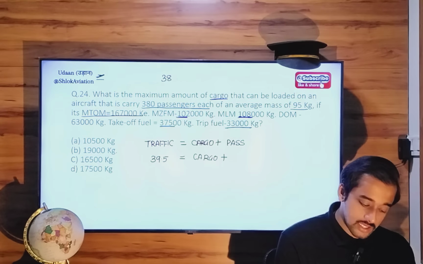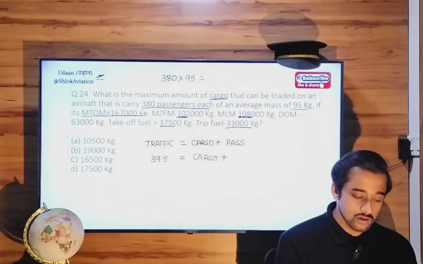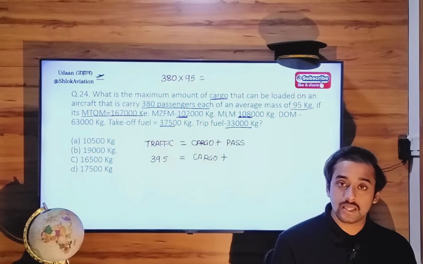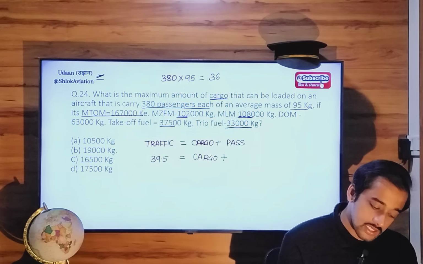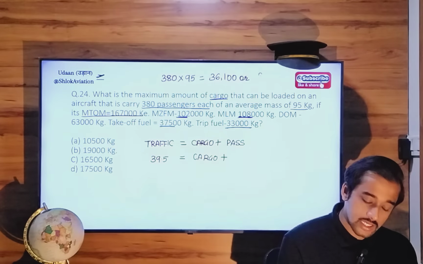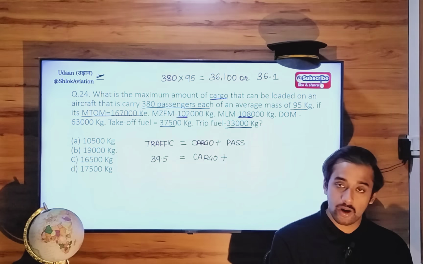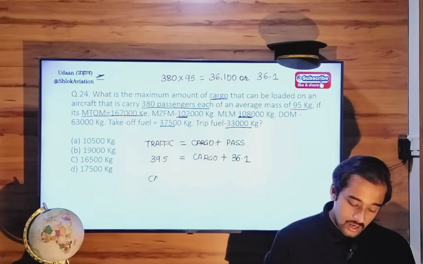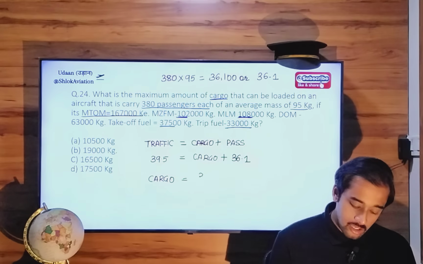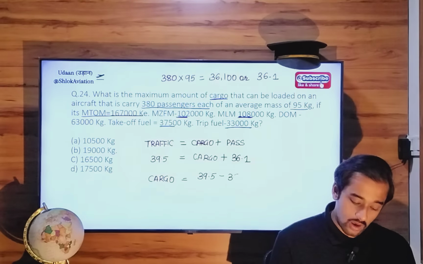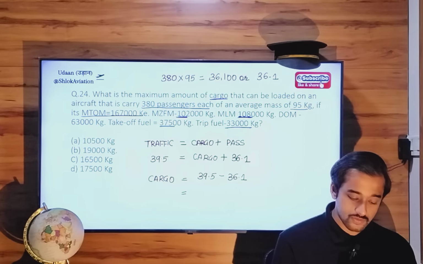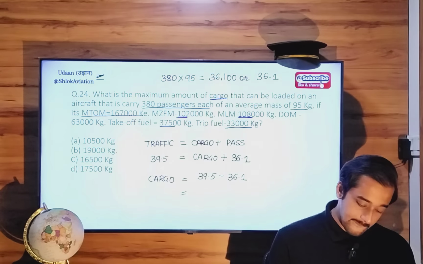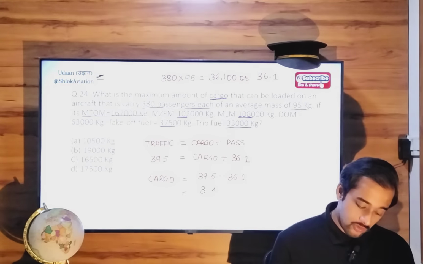So total passenger weight will be 380 into 95, which is equal to 36,100 or 36.1. So I am writing 36.1 in this formula. The cargo will be equal to 39.5 minus 36.1, which is equal to 3.4.